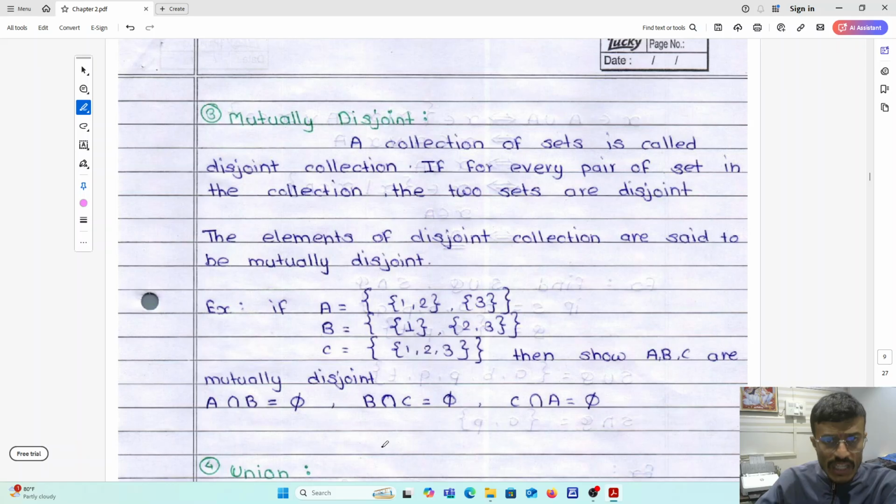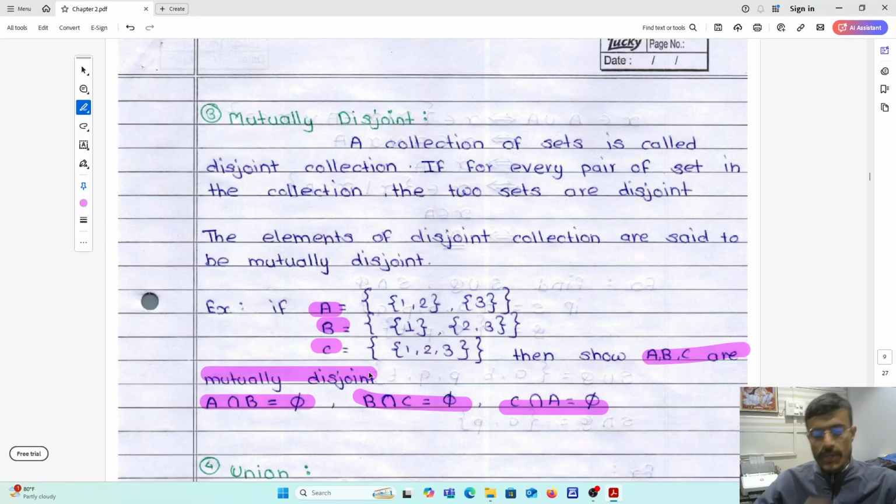Then what is meant by mutually disjoint? In the previous point we saw what disjoint means. In the case of mutually disjoint, we are talking about more than two sets. For example, if A, B, C are three sets such that A intersection B is empty, B intersection C is empty, and C intersection A is empty, then A, B, C are called mutually disjoint.